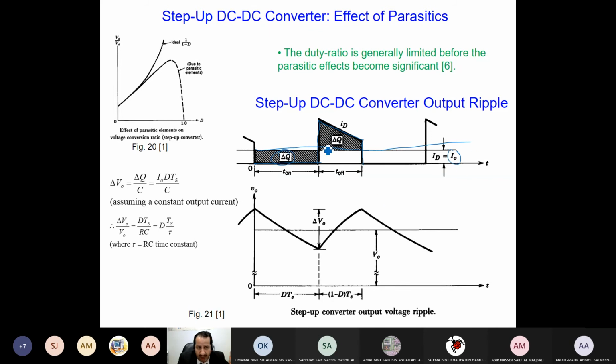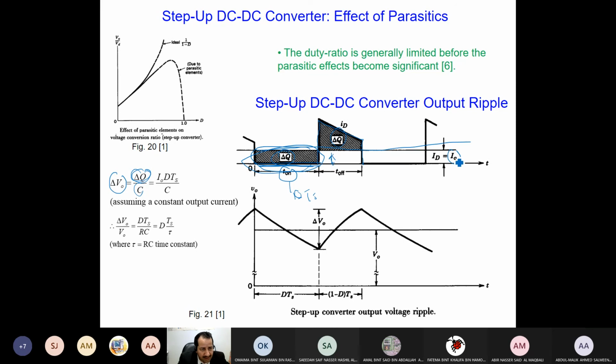So charge, discharge. If I come to the capacitor equation, Q equals CV, and delta Q is this rectangle here, the width is T on, which is DTS.